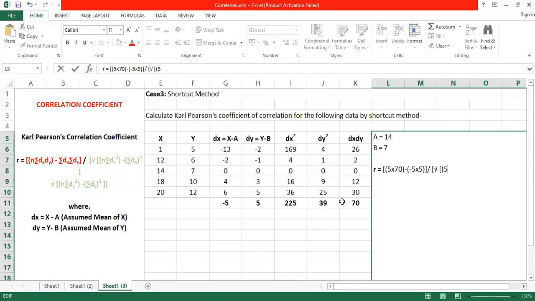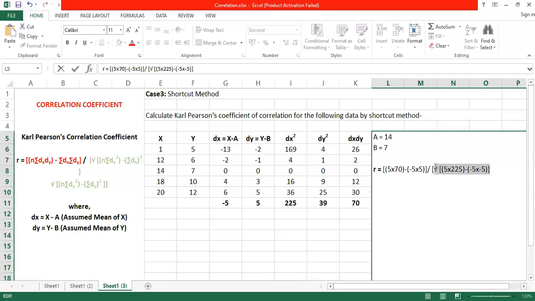This is dx square, so into 225. Right? Minus sigma dx whole square. That means minus 5 into minus 5. Fine.